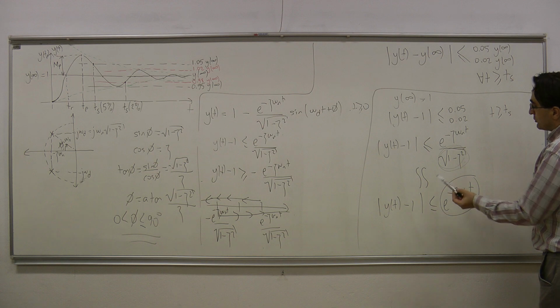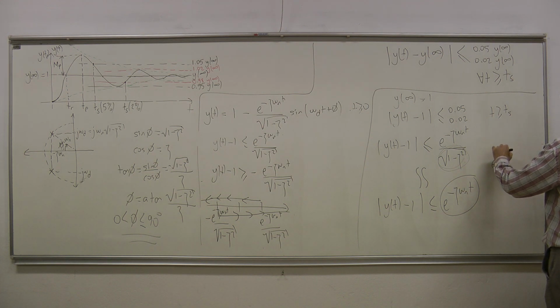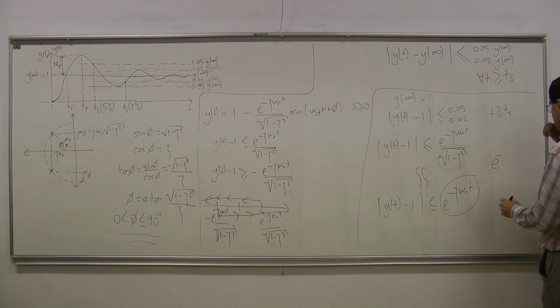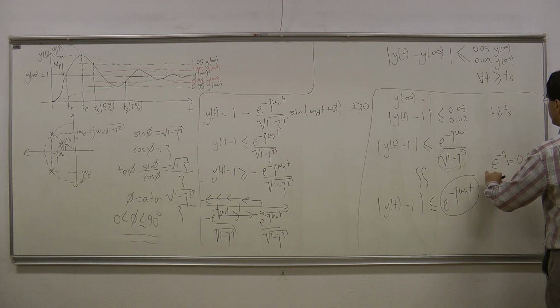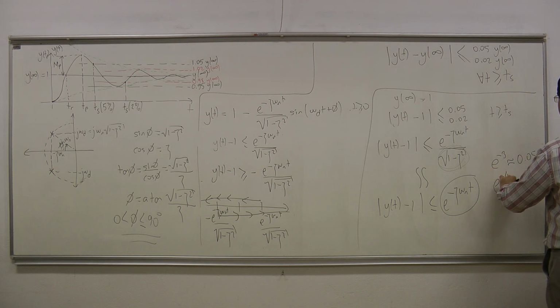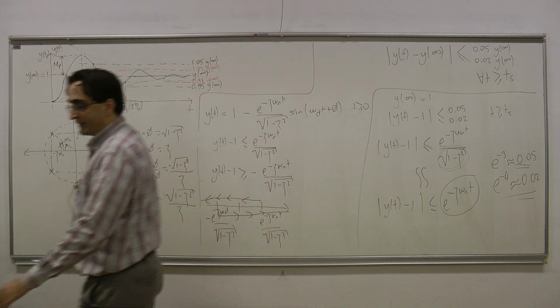And in order to answer those questions, I'm going to tell you the following facts. If you calculate e to the minus 3, this is approximately 0.05, and if you calculate e to the minus 4, this is approximately 0.02. What does this mean?